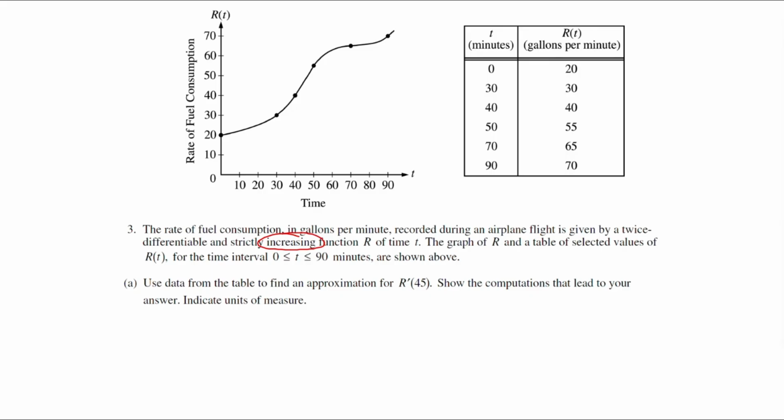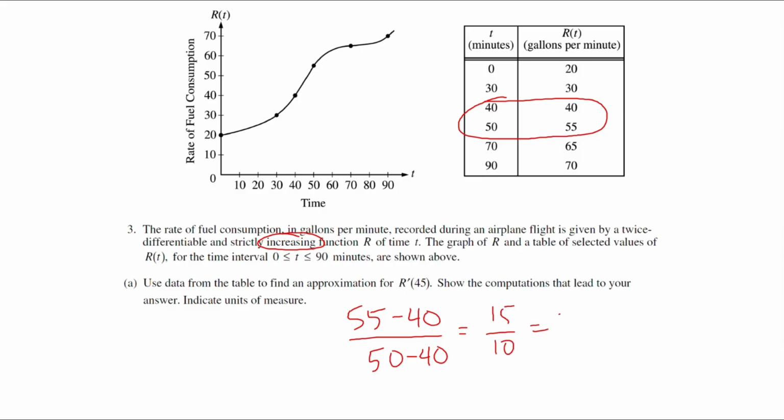So to approximate the derivative of something, we just usually want to do an average rate of change on the smallest interval surrounding 45. So that's going to be from 40 to 50. So we'll do 55 minus 40, the R of t values at 50 and 40, divided by 50 minus 40, which just gives us 15 over 10, which is, of course, 1.5 or 3/2.